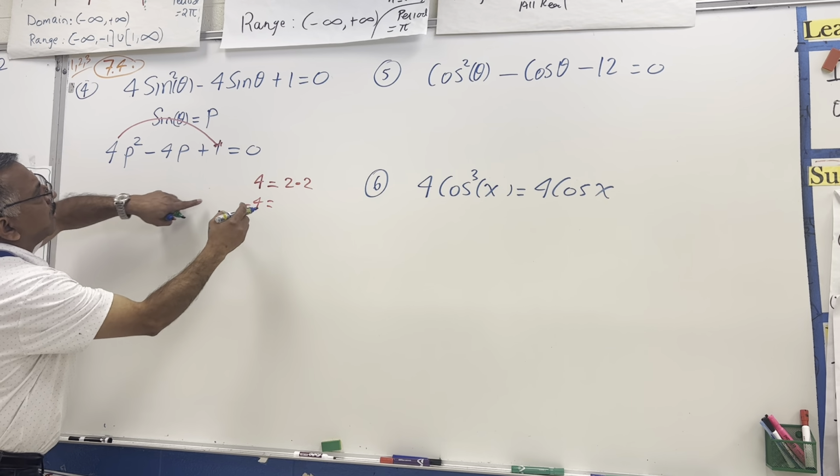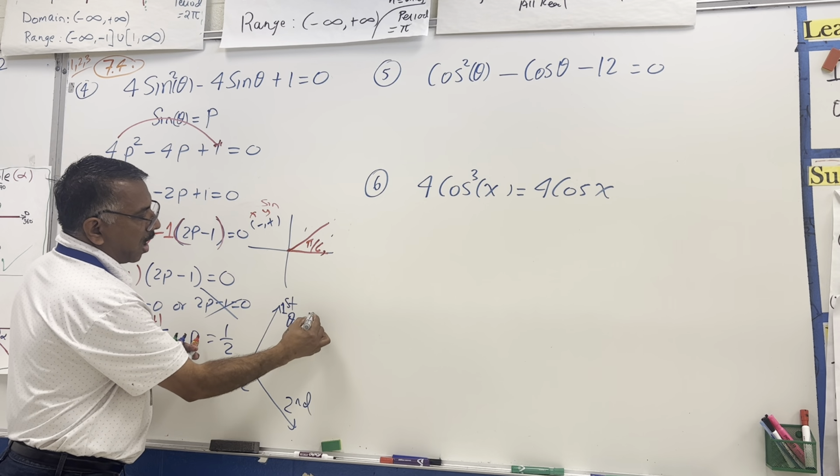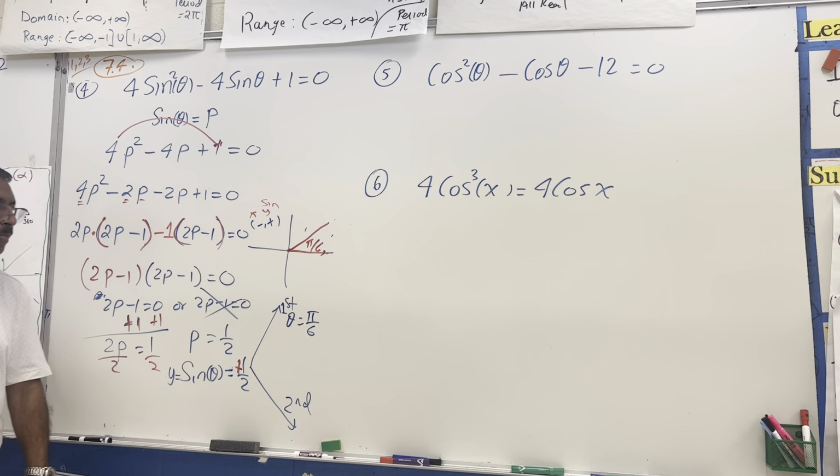In the first quadrant, you can directly write: sine of what angle is half? You can see 30 degrees is pi by 6. So here one of the angles for theta is pi by 6. And the other angle you can think of is, remember how many 30s make a whole round.